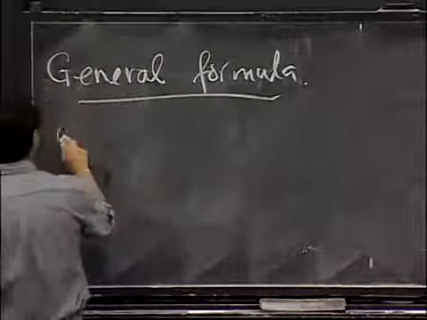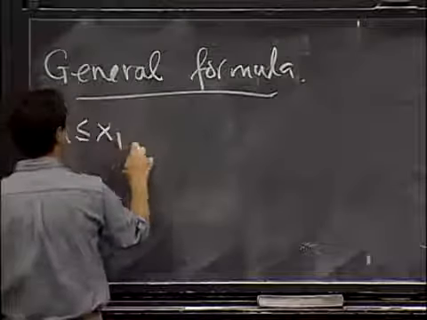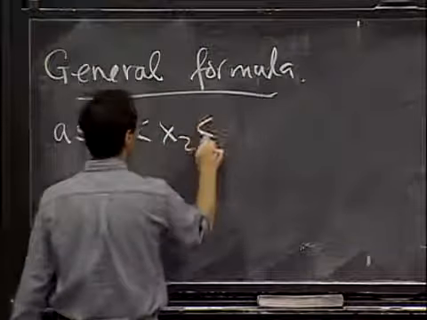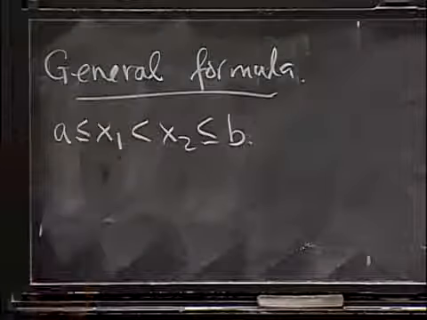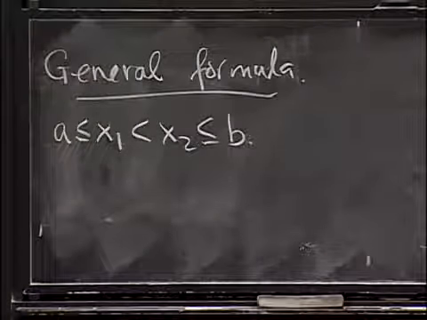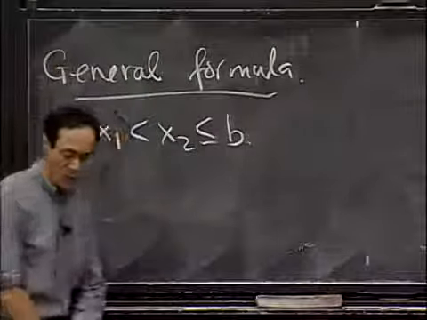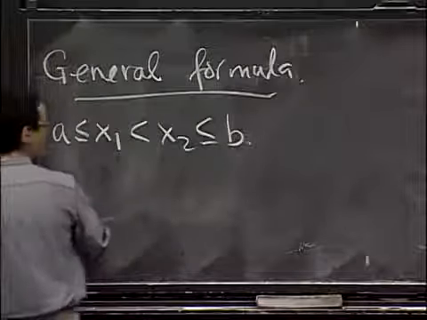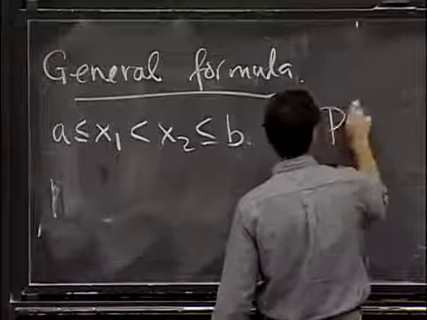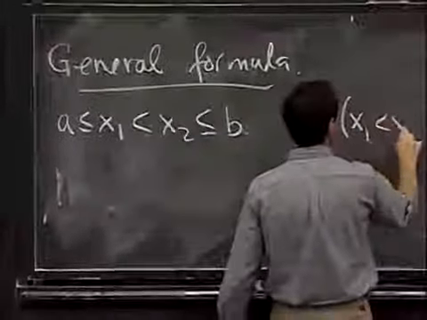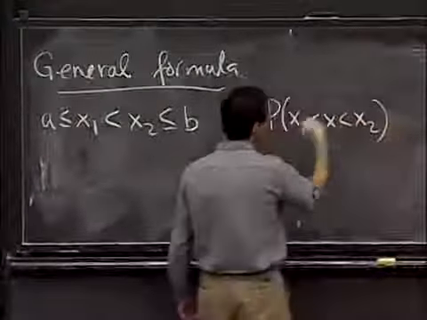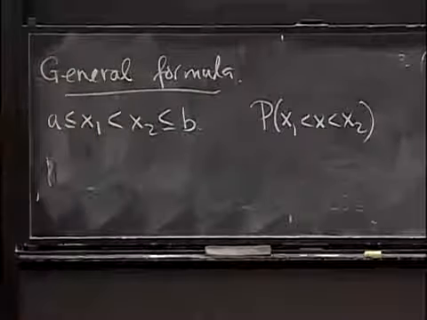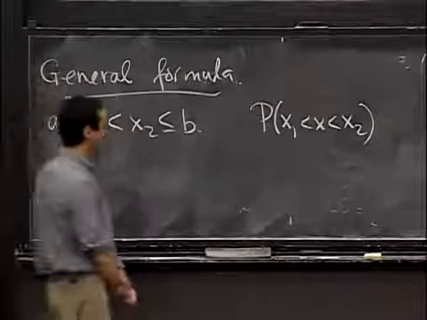We're going to imagine that we have a total range which is maybe going from A to B, and we have some intermediate values, x1 and x2. And then we're going to try to compute the probability that some variable that we picked at random occurs between x1 and x2.